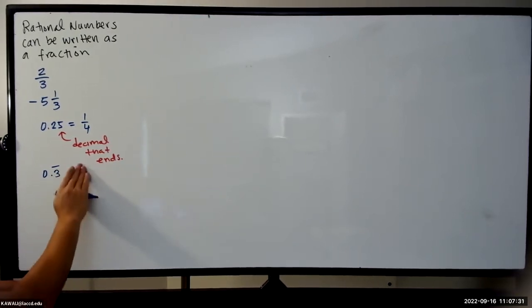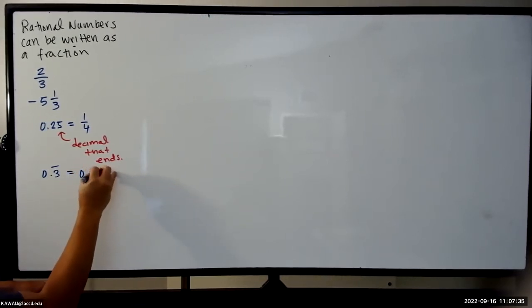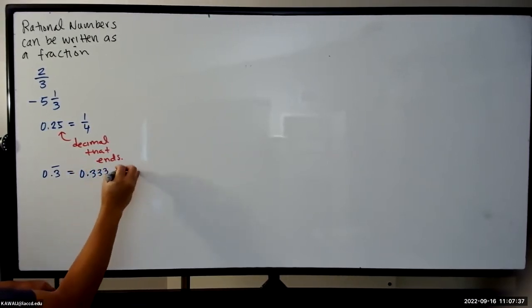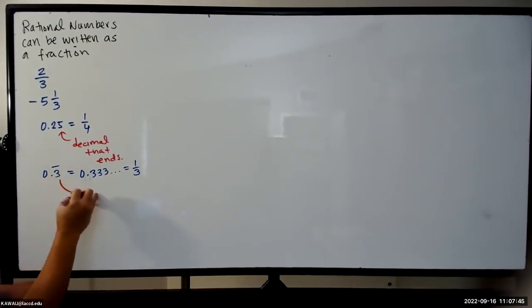So even before I write that, let's say this is equal to 0.333, goes on forever. So a decimal that has a bar or repeats forever.